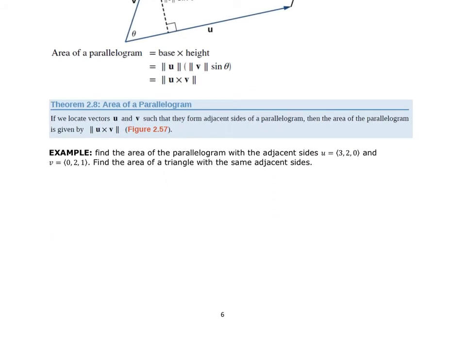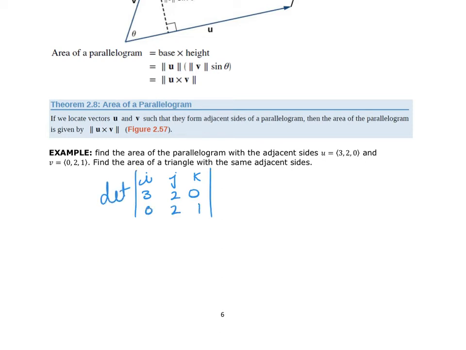So for this example, they want us to find the area of the parallelogram with its two adjacent sides and then find the area of a triangle if they have the same two adjacent sides. So I'm going to do the cross product. I start out with i, j, and k. 3, 2, and 0. 0, 2, and 1.